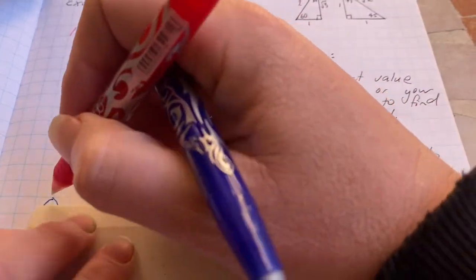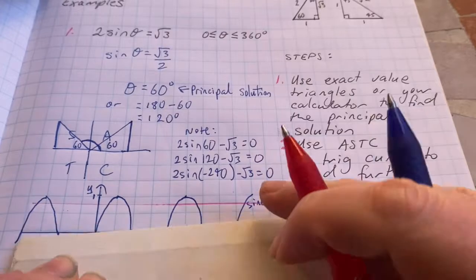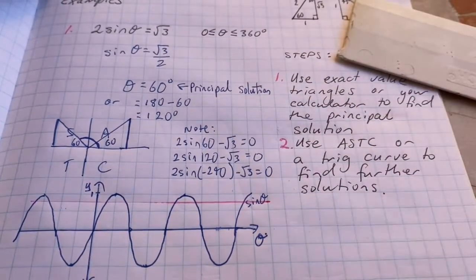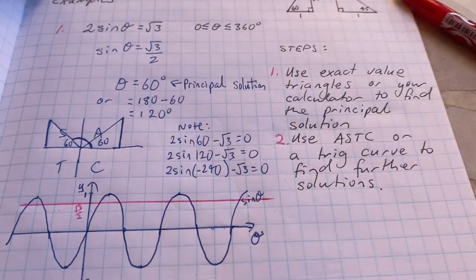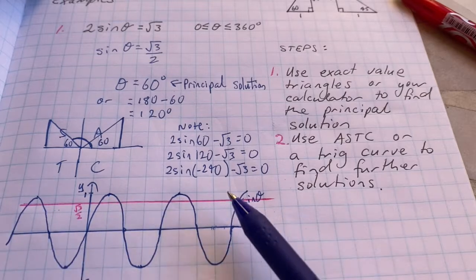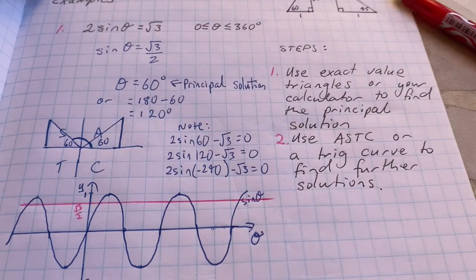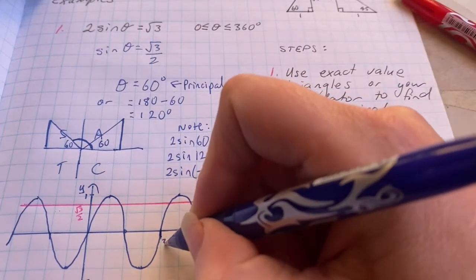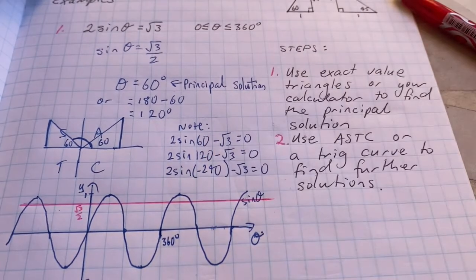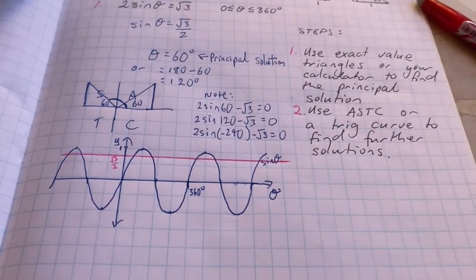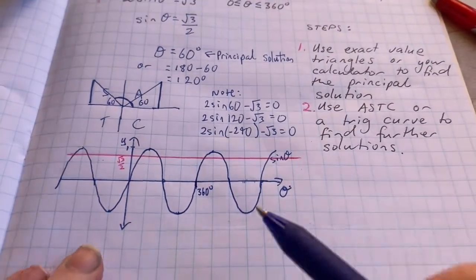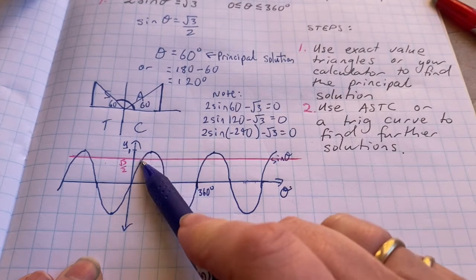So root 3 on 2 is around about there somewhere. So everywhere that the sine curve touches this pink line is where we have a solution. Now this is our 360 degrees here, and we were only asked to find solutions between 0 and 360. So it's just those 2 solutions there.